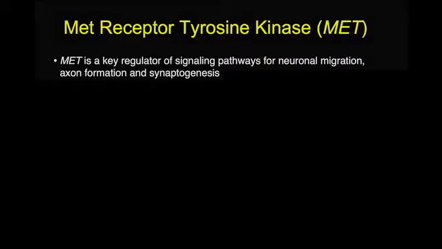We now have, Rudy has done an excellent series of studies looking at another important autism risk gene, MET, that has been ranked number 2 in a recent SFARI ranking of genes associated with autism. MET is a key regulator of signaling pathways for neuronal migration, axon formation, and synaptogenesis. A lot of studies have linked this risk gene to autism.